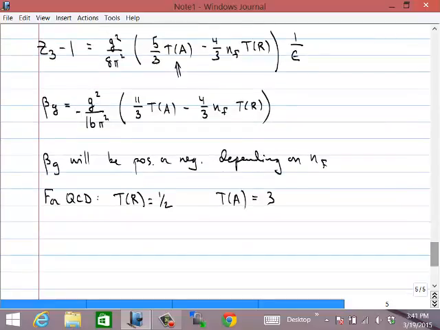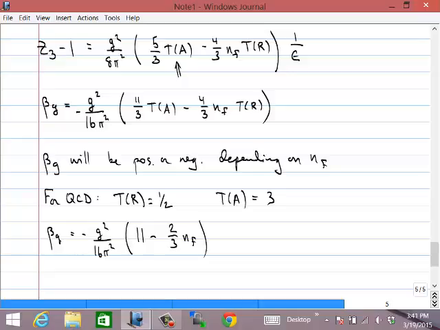And so the beta function is equal to minus g squared over 16 pi squared, just inputting those numbers, times 11 minus 2/3 times the number of species of quark. Okay.